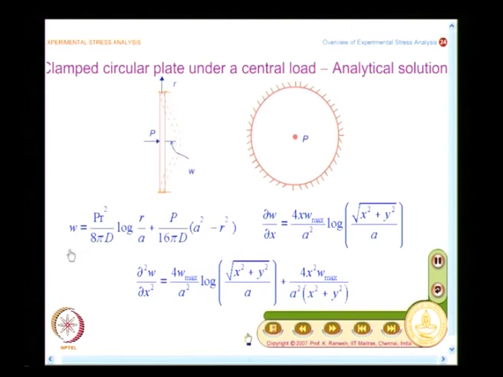And what you have here is the expression for W, the out of plane displacement, the expression for dou W by dou X, and the expression for the curvature dou square W by dou X square, and in all these cases you have a logarithmic term appearing. The expressions are definitely complex, and you would be able to find out how to get these from a study of theory of plates, where sufficient theory is developed.